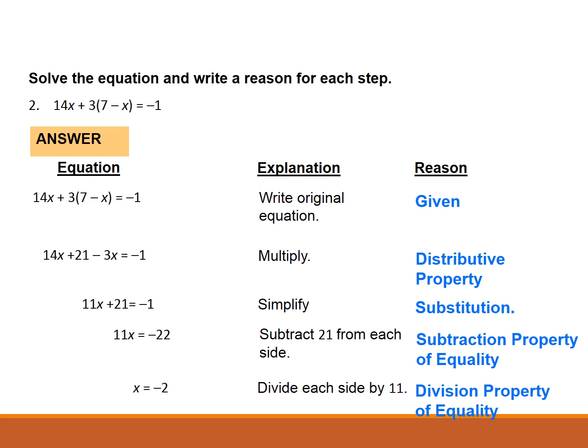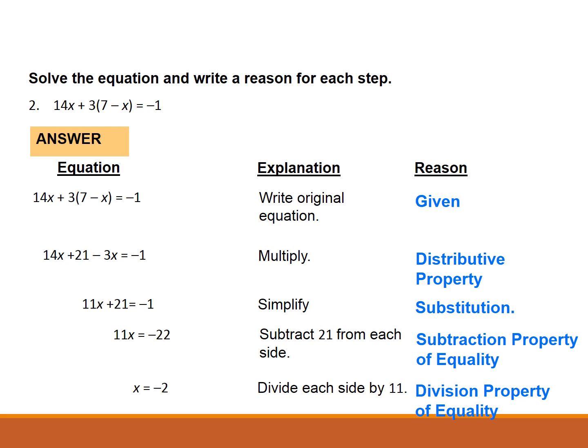We're going to simplify, combine like terms, 14x and negative 3x. So now, that's called substitution. Now you will also see the word simplify, but it's not a property, so you can use simplify, but basically we're substituting 11x in for 14x and negative 3x.